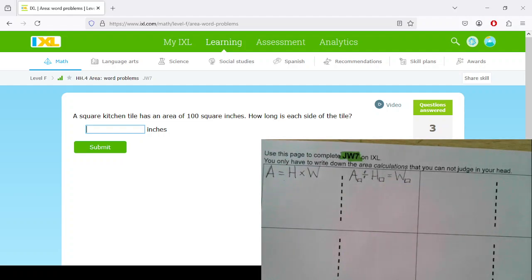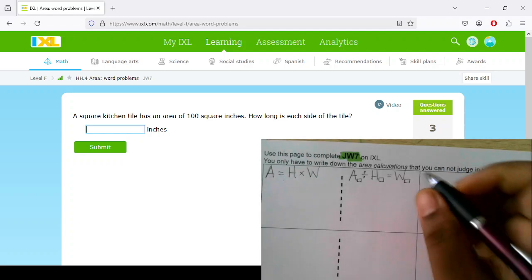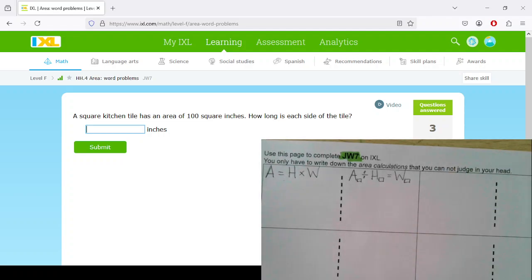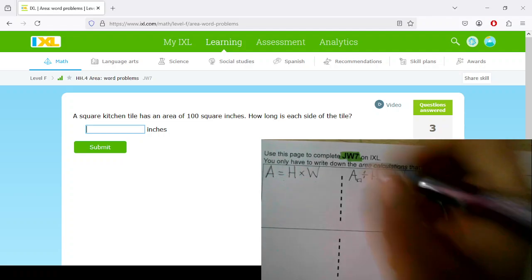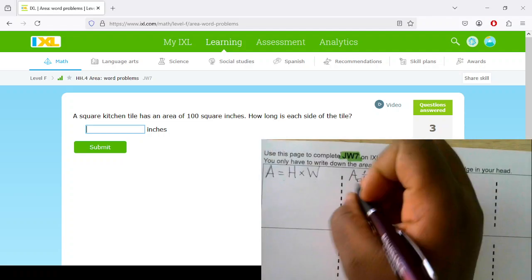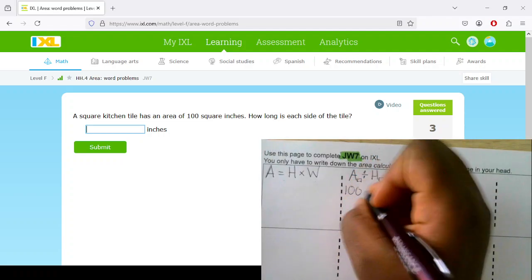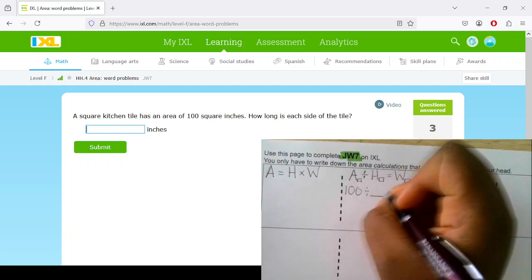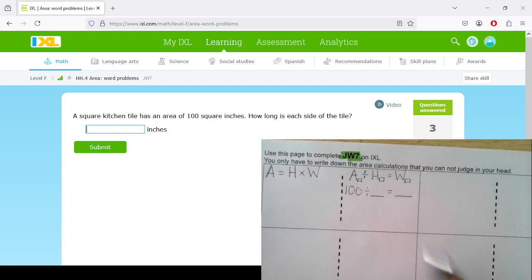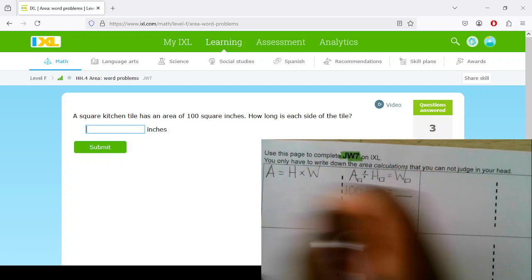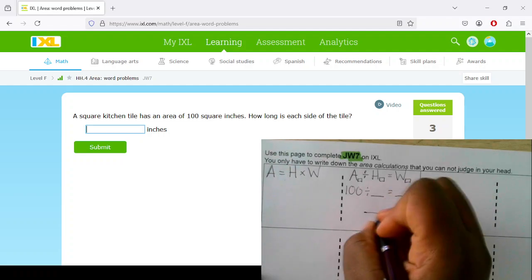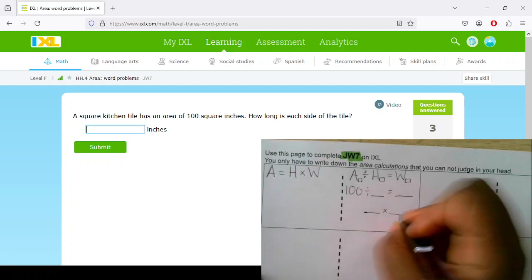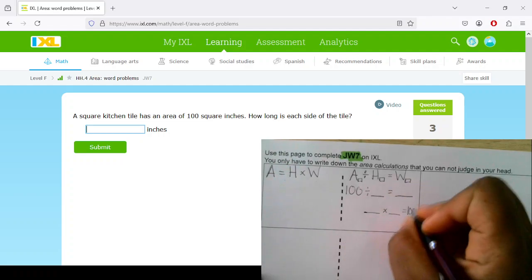They told me the area, and they asked me how long is each side. A square kitchen tile. There's a key word, square. So 100 divided by what number equals that same number? Or asked another way, what number multiplied by itself will give me 100?